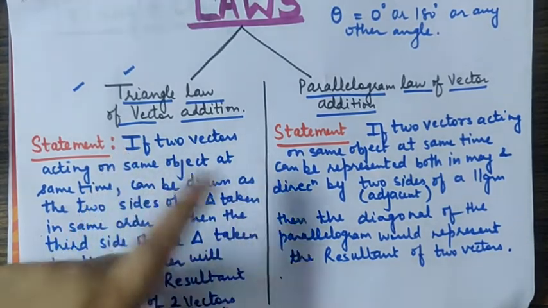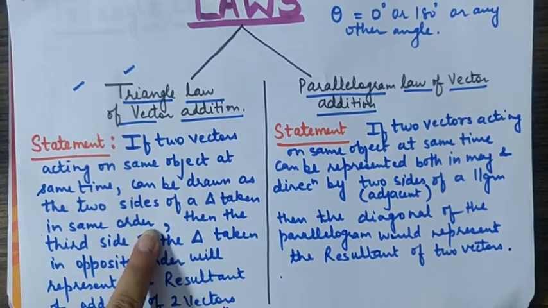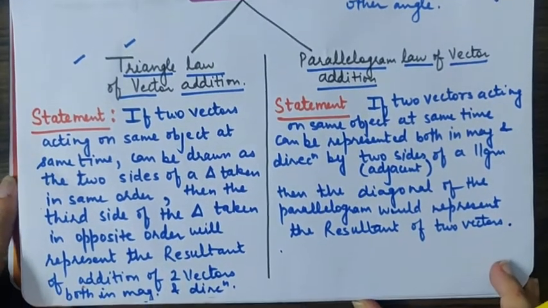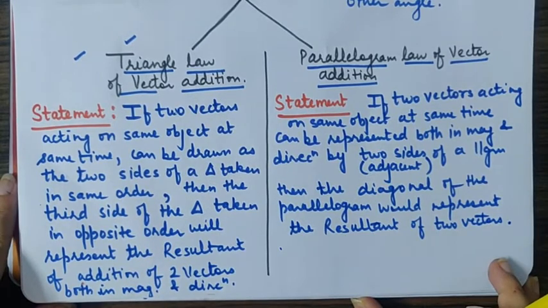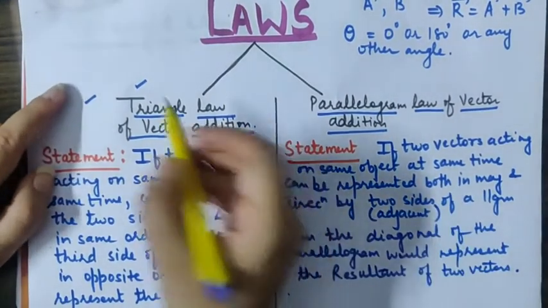You will represent those two vectors as two sides of the triangle taken in the same order. Obviously, if they are acting at some angle with each other, they can be drawn like two sides of a triangle. Then the closing side of the triangle taken in opposite order, or the third side taken in opposite order, will represent the resultant completely. So we can just figure out this statement first of all.